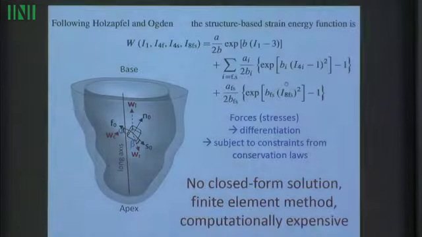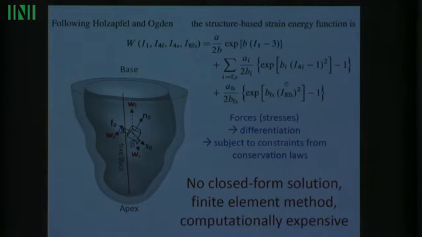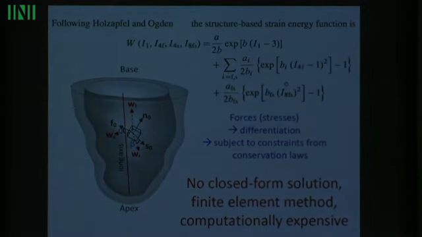But there's a fly in the ointment here, and that is whenever you want to change the parameters, you have to numerically solve your cardiomechanic equations. They have no closed form solution. What you typically do is use finite element discretization, but that is expensive.